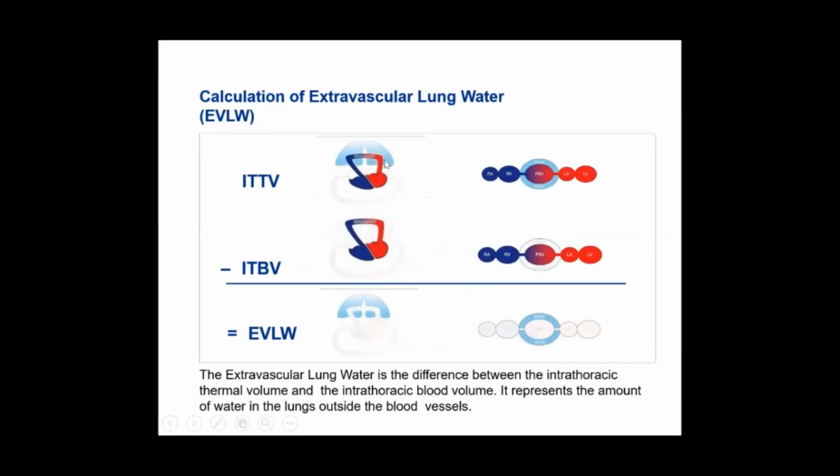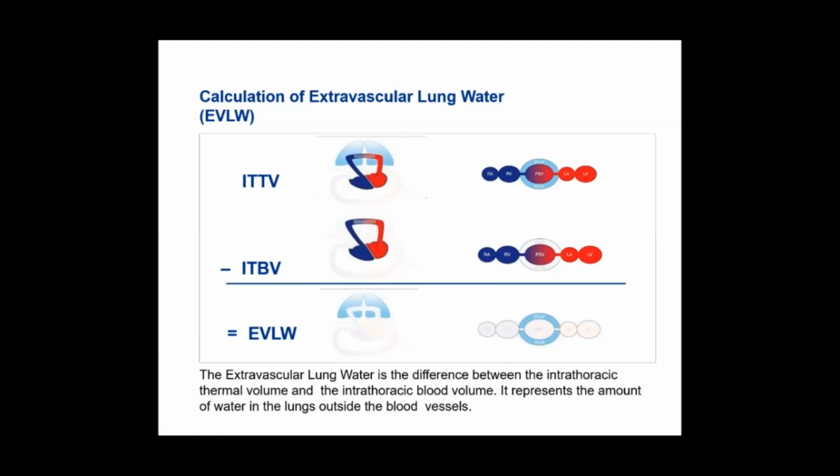So this slide shows us the calculation of extravascular lung water, which is the difference between the intrathoracic thermal volume, this one, minus the intrathoracic blood volume. It represents the amount of water in the lungs outside the blood vessels. Right? The intrathoracic thermal volume, intrathoracic blood volume. So what is remaining? That is the extravascular lung water, the difference between those two volumes.